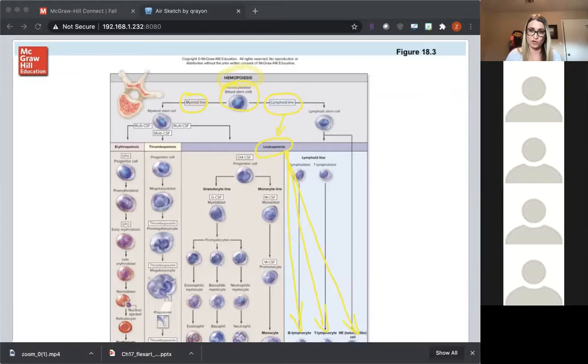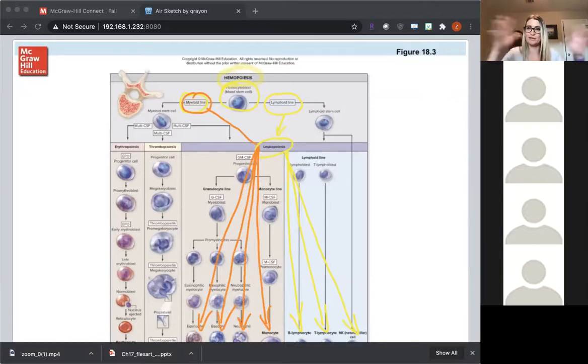You can see that leukopoiesis also comes from myeloid line, right? So the blood stem cell can go to the myeloid line and then enter the process of leukopoiesis as well. But from the myeloid line, leukopoiesis is going to give you the FILs and monocytes, not a monocyte, many monocytes.